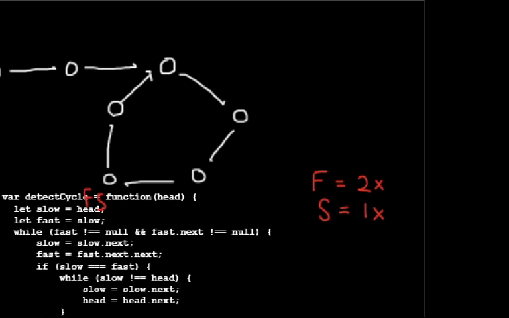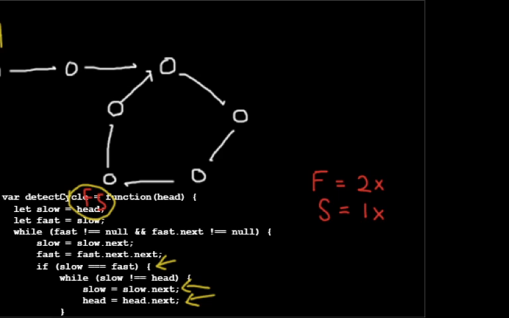So once you achieve this particular spot, it goes back to what we talked about earlier, where you have the head at this place. So once these two meet, what you want to do is, when fast and slow meet, you want to advance slow 1 step at a time and head 1 step at a time until they gradually meet each other.